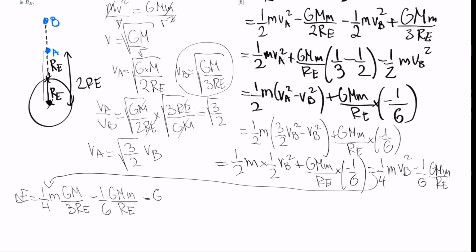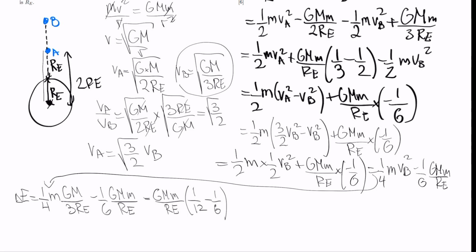Okay, now let's take a common factor out. I'm going to go with GMm over rE. And then what do we have left? We have 1 over 4 and 1 over 3. That's going to give me 1 over 12, take away 1 over 6.